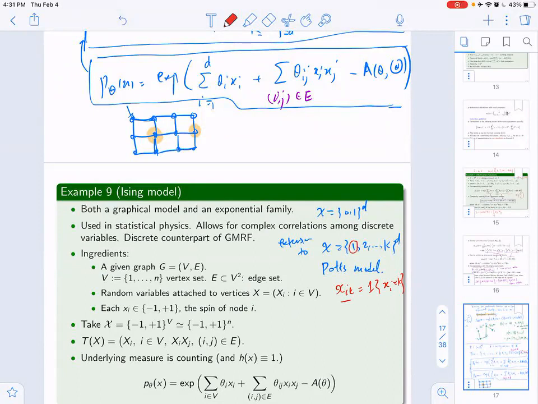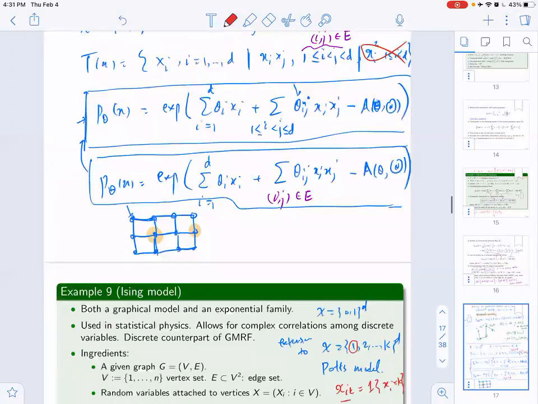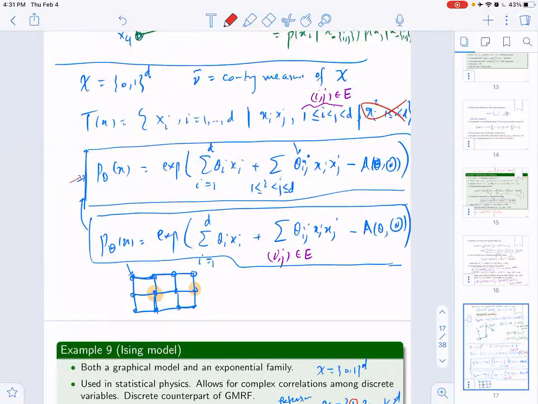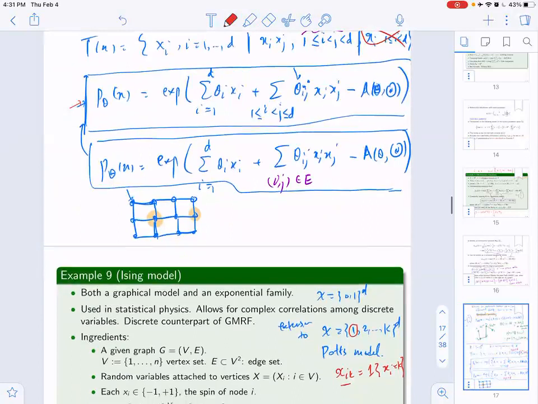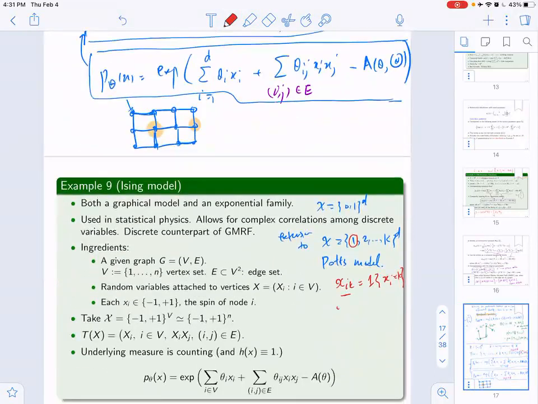So every variable turns into k binary variables, and then you have d times k. So then you treat it as some sort of an Ising model. So basically every node and every level could interact with each other in general. And so I encourage you to try to think and write it down in that fashion. So that's how you do it.